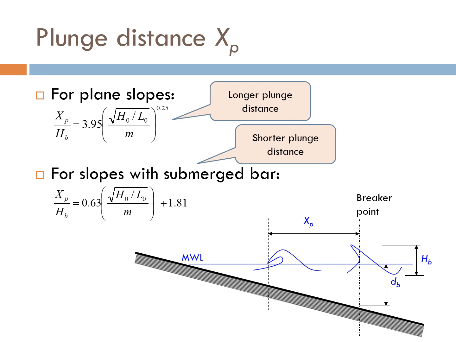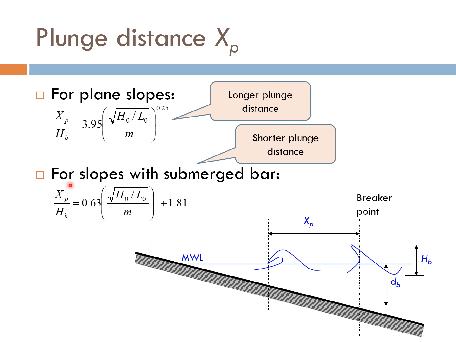So the distance can be estimated using this equation here. If we have a plane slope with a slope of m, then we can estimate the plunging distance using this equation, which of course depends on the breaker height and also the wave steepness.